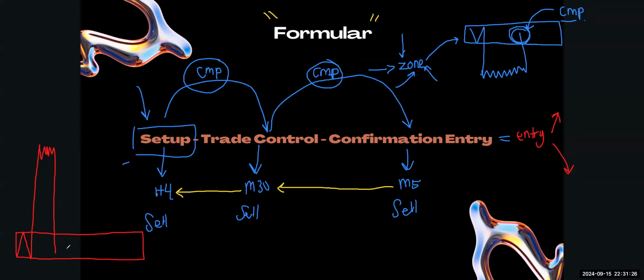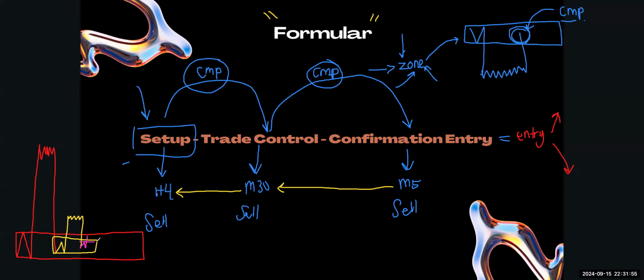Once the price gets into the buy zone, we need to go to the current market price and look for a trade control. We need to make sure the price reacted with that zone. Then, once the price gets into this buy zone, somewhere around here, we look for the confirmation entry, which is going to be on the 5-minute time frame.